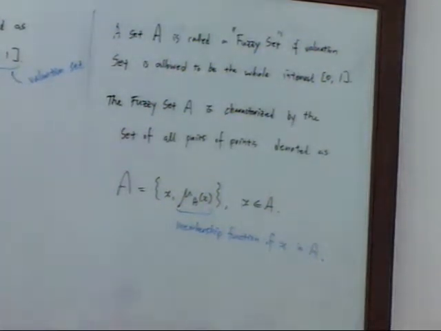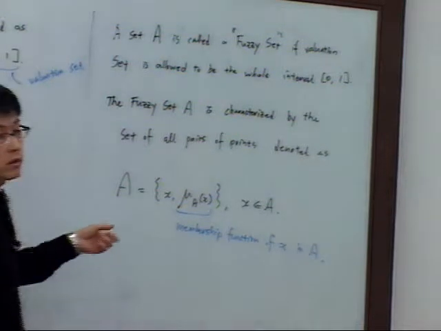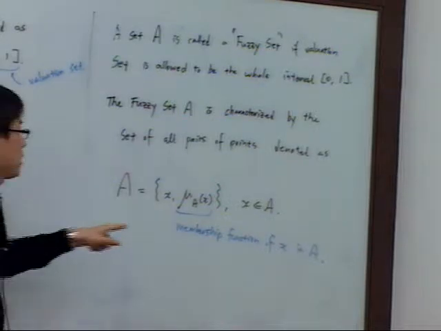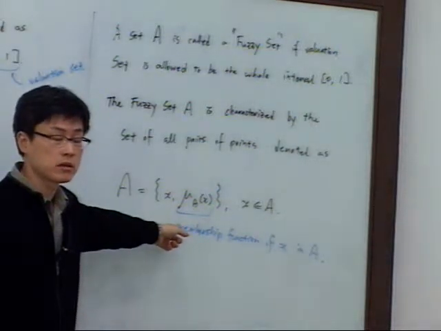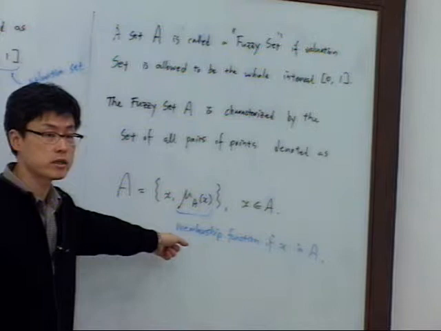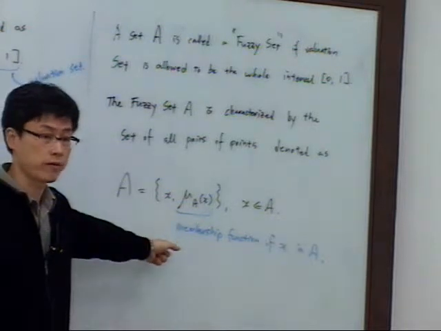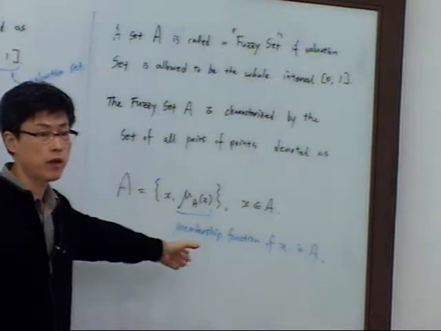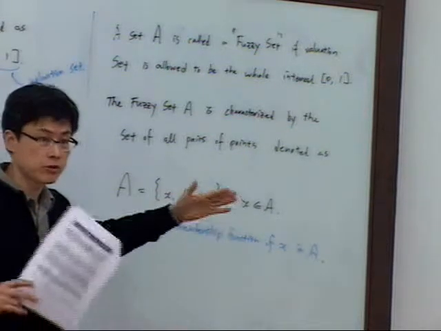And as you know, this membership function is transforming the universe into an interval from 0 to 1. The minimum value of this membership function is 0, and the maximum value is 1. The return value of mu sub A is always between 0 and 1.